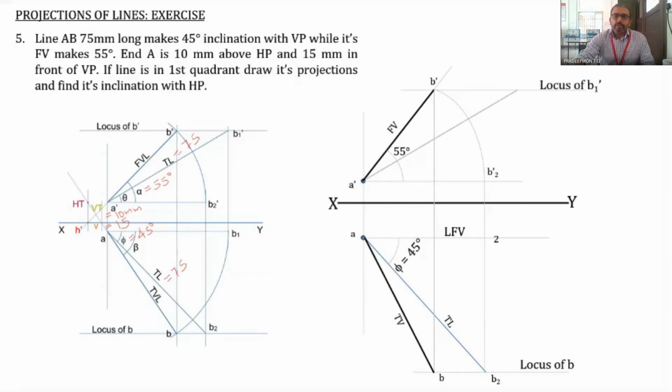So this is the true length line drawn, so it is B1 dash. This B1 dash can be found out either by rotating this top view, like we start from here, B is here, so we can rotate it like here, and then B1 is obtained from B1 to B1 dash.